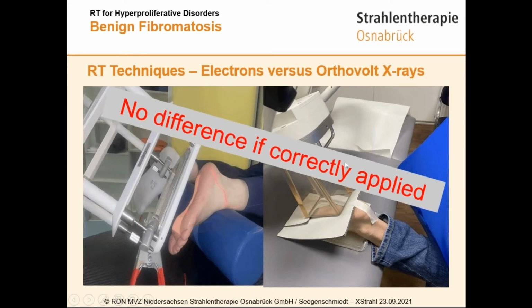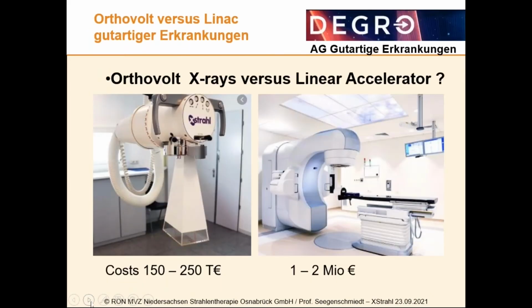And so if correctly applied, no differences should be seen when we compare electrons versus orthovolt X-rays. However, the costs are significant. The usual orthovoltage machine is a tenth of the price we have to pay for a linear accelerator.